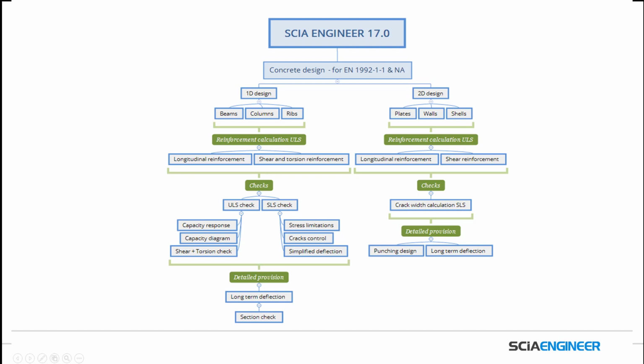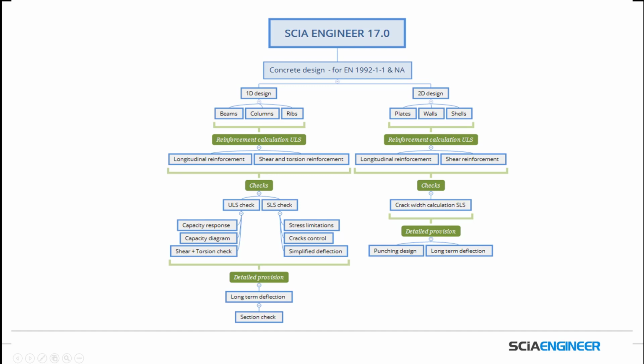For the SLS calculation, you can do some stress limitation, crack control, and we have a very nice method for the calculation of the deflection, which is very simplified, very simple, but it will not give you an accurate result because it's not like the CDD. It's something simple, but you can use it, of course. And with all those three checks from the SLS and ULS, you can design your structure for ULS and for SLS.